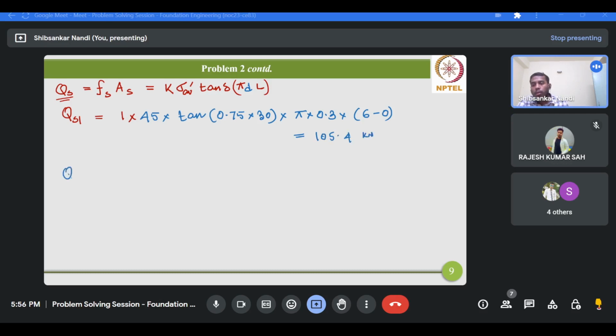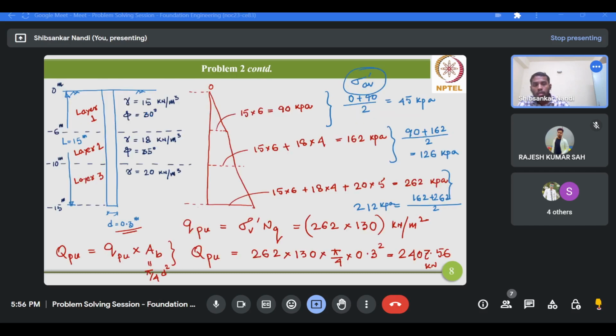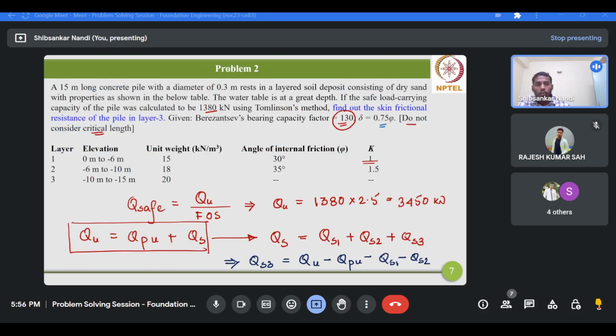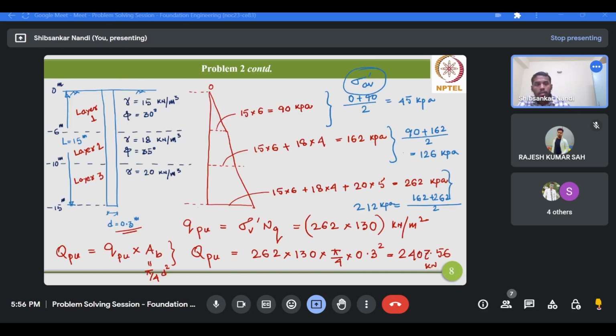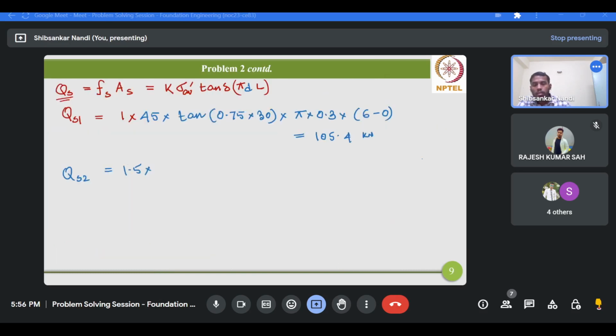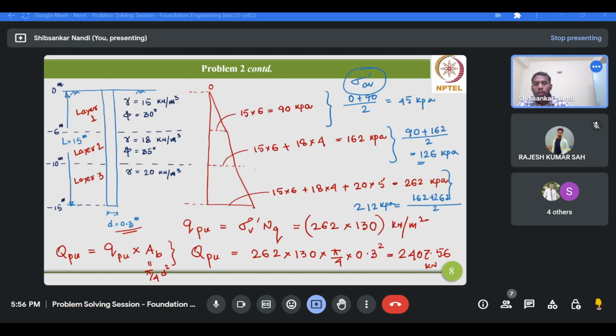Now similarly for the second layer, you can easily calculate the contribution to the ultimate skin friction. So it will be 1.5, because here the earth pressure coefficient is different from layer 1. So it will be 1.5 times. Now what is the average? The average is 126. So 126 into tan of delta, means 0.75 times phi.